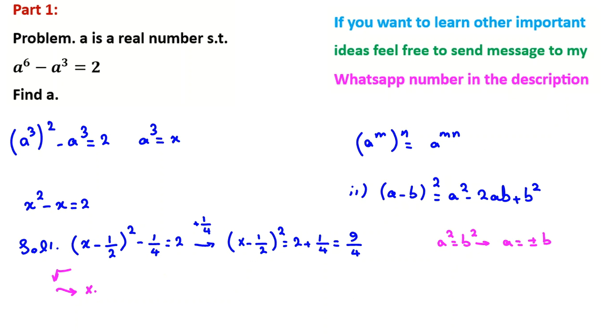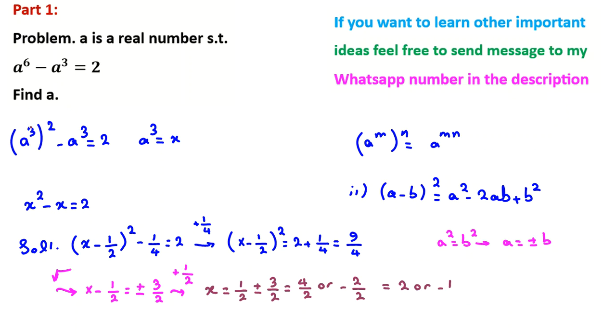So here we can say x minus half equals plus or minus the square root of this, which is 3 over 2. So we add 1 half to both sides, then x equals 1 half plus or minus 3 over 2. And it will be 4 over 2 or negative 2 over 2, which will be 2 or negative 1.